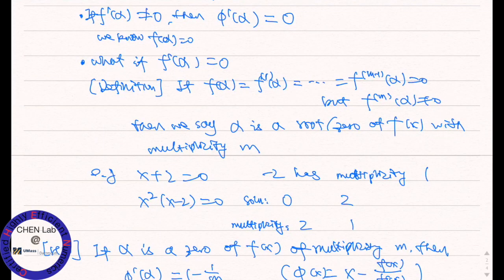In that case, we should use the modified Newton's method, which is the case that x k plus 1 is equal to x k minus m times f x k divided by f prime x k.